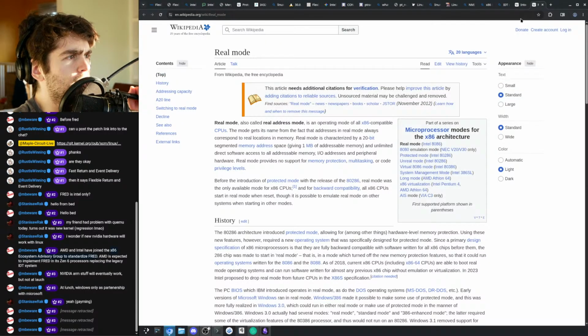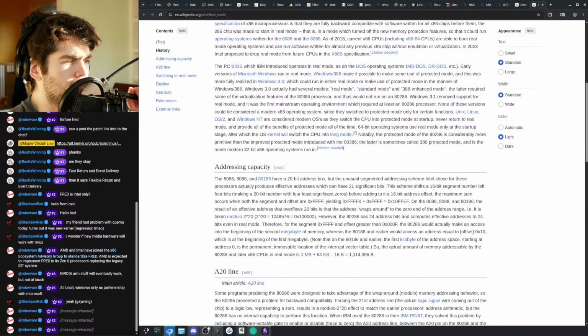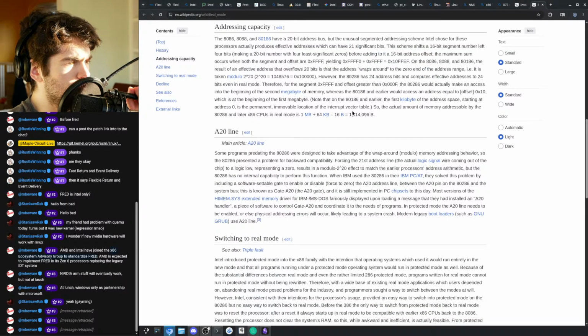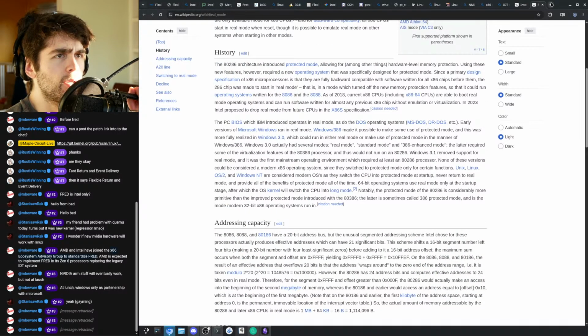What do we mean by real mode? Real mode, also real address mode, is an operating mode of all x86 compatible CPUs. The mode gets its name from the fact that addresses in real mode always correspond to real locations in memory. Okay, so it's probably not the mode that we're running on. Wait, do we run in real mode?